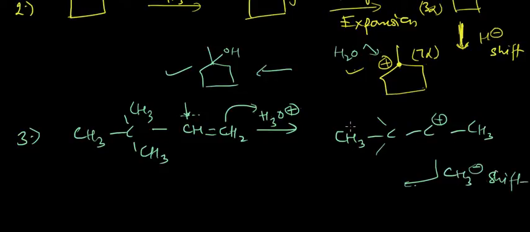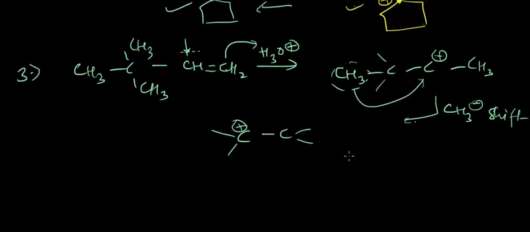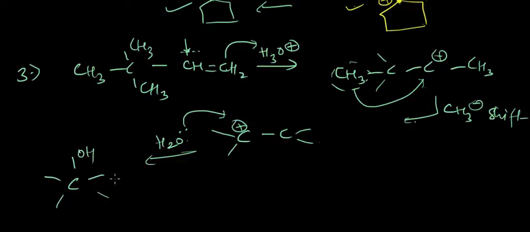This CH3 would be migrating to this carbon atom or carbocation. As a result, we'll be getting positive charge at this carbon atom. Next, hydrolysis will happen, in which a water molecule will attack on this positive charge. As a result, we'll be getting something like this, and H plus would be removed.